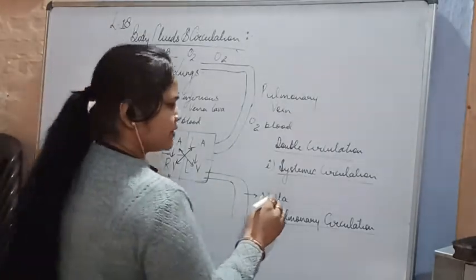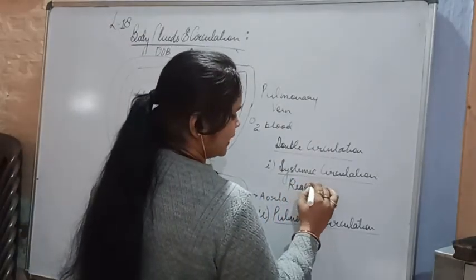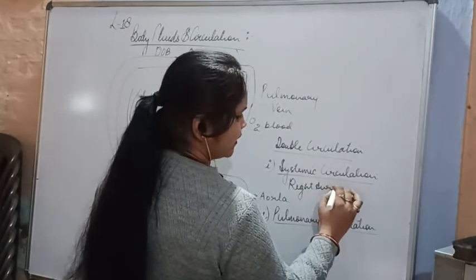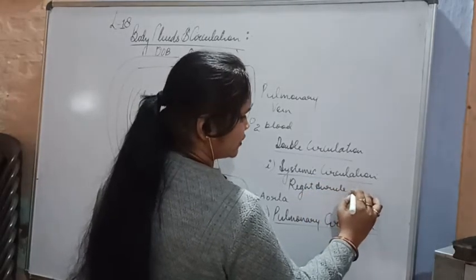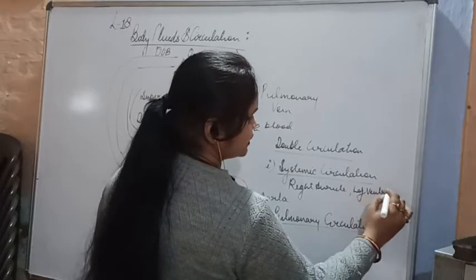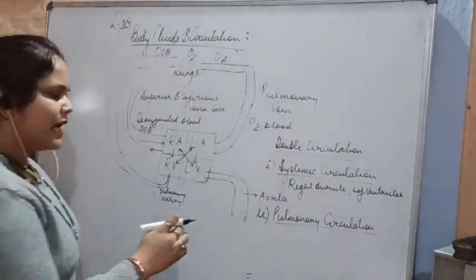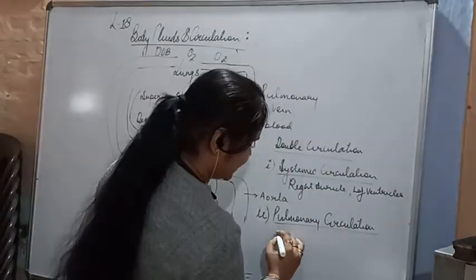So systemic circulation includes your right auricle and the left ventricle. So these are the two chambers of your heart which are involved in the systemic circulation, and which are involved in the pulmonary.